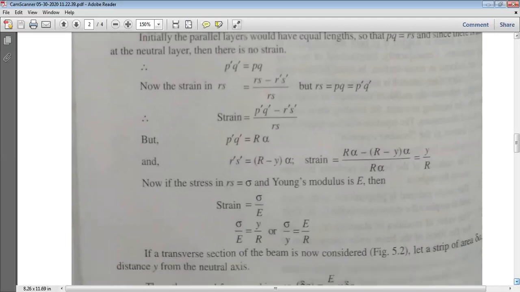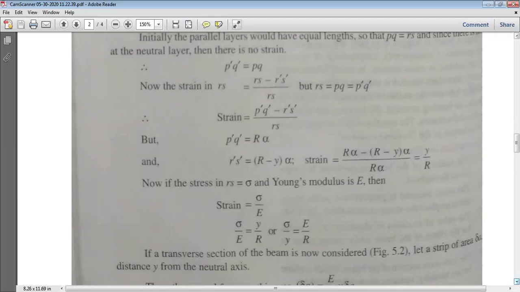Now we can define strain by the basic definition of stress and strain. As we know, stress is directly proportional to strain. So we can say stress divided by strain must be equal to E, the modulus of elasticity that we have earlier stated, the basic definition.